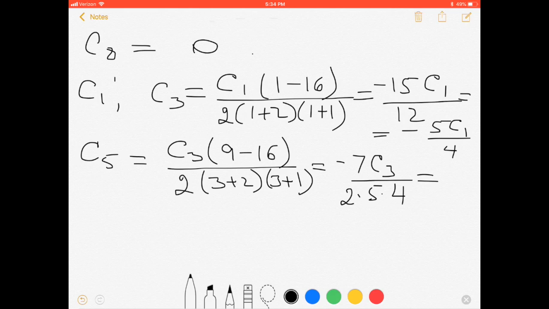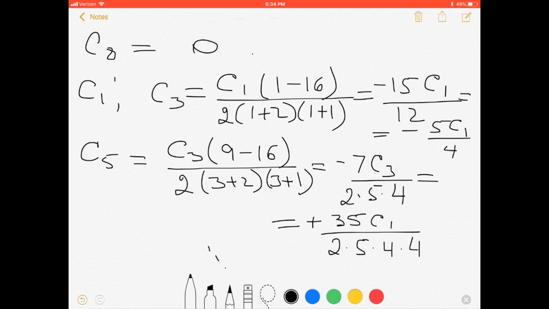And I continue. Then I'm plugging in C1, and I have minus 7 times minus 5, which is plus 35 C1, and here it will be 2 times 5 times 4 times 4. And continuing this work, you can find your series.